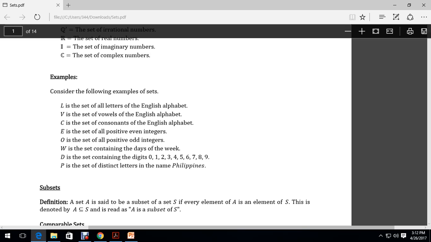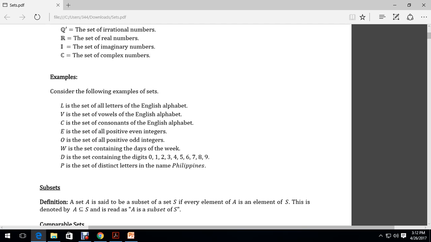So for example, if we define the set L as the set of all letters in the English alphabet, based on this description, we know that the elements of L are the letters A, B, C, and so on, up to the last letter of the English alphabet, the letter Z. Also, if we define set V as the set of vowels in the English alphabet, we know that the elements of set V are the letters A, E, I, O, and U.